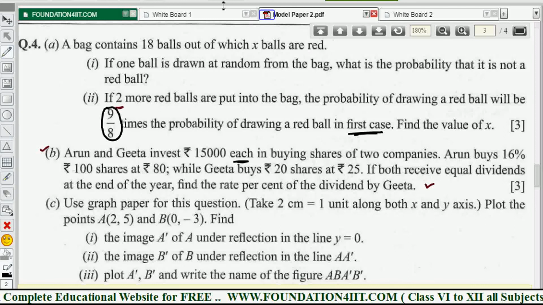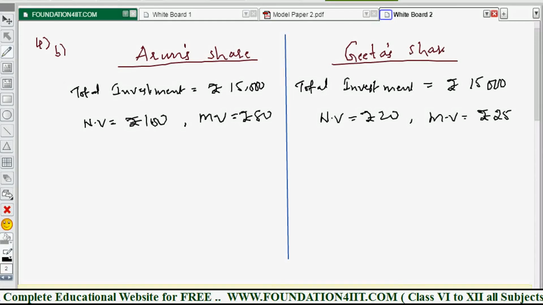And Arun buys at 16% dividend. Here we don't know Geeta's dividend, so let the dividend be x percent. Finally we need to find out the value of x only, right?